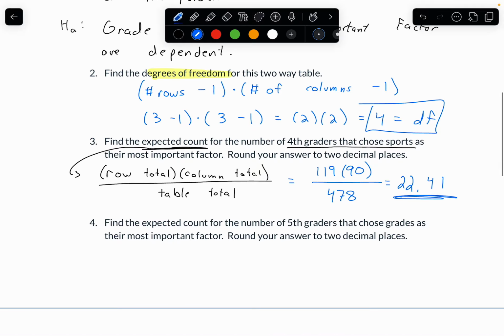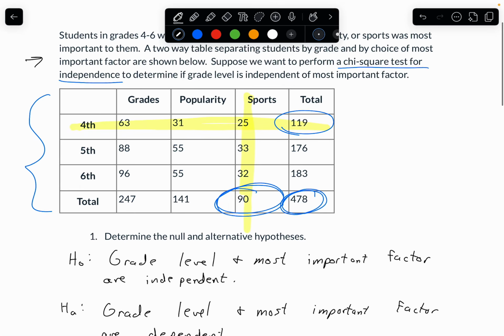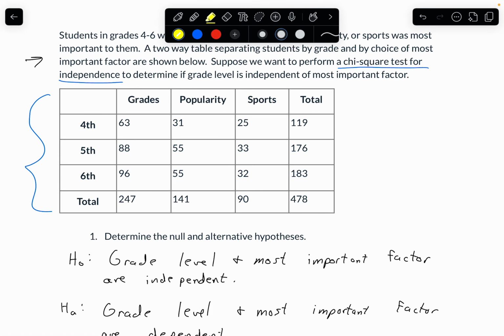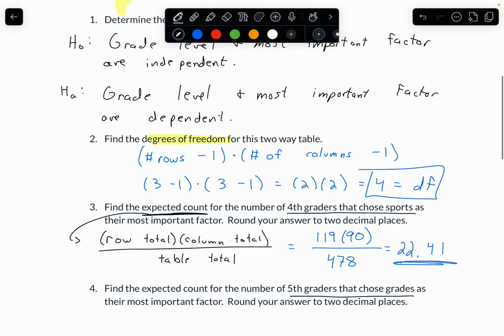I'll do the same thing then in number 4. We are looking for, in this case, the number of 5th graders that chose grades as their most important factor. So 5th graders that chose grades. Let's go ahead and erase. So let's look at our 5th grader row right here that chose grades. We're looking at this row and this column. So my row total in this case, the total number of 5th graders, is 176.